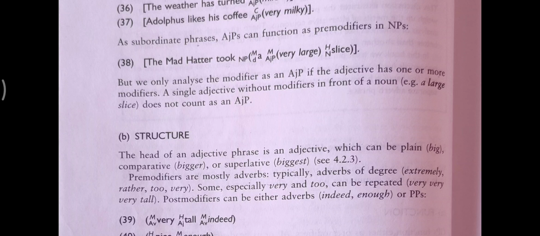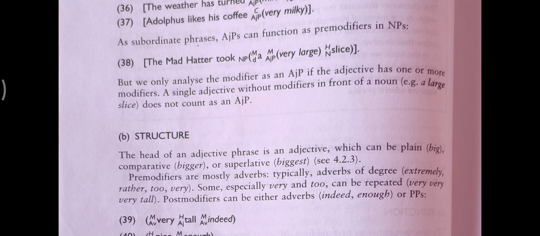It is pre-modified by the adjective phrase very large. So before the noun slice, we have the adjective phrase very large. So an adjective phrase can function as a pre-modifier in the noun phrase.